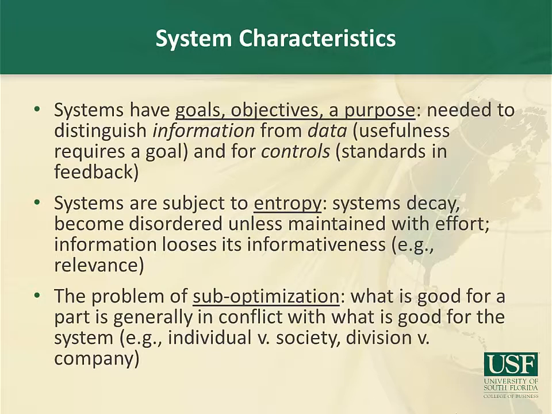Alright, some basic system characteristics. We already talked about goals, objectives, and purpose. A system needs to have these in order to distinguish the input from the output, that is, the data from the information. For data to be changed into something that is useful, we must have standards, and we must have processes by which this occurs.